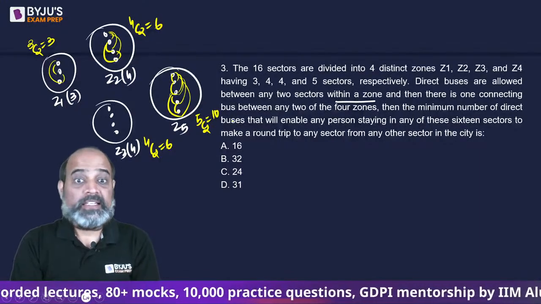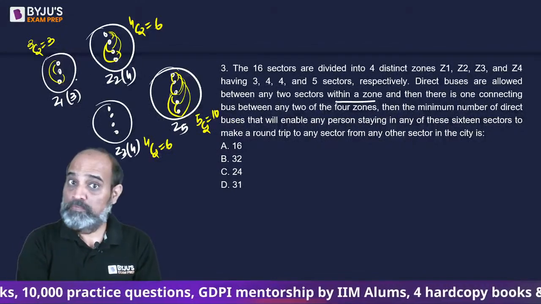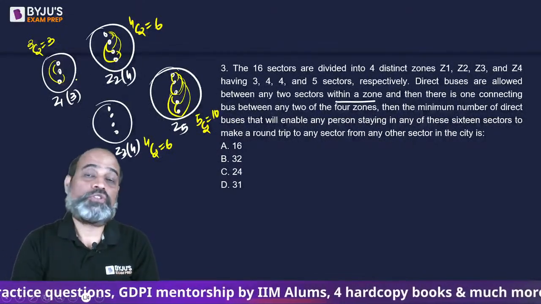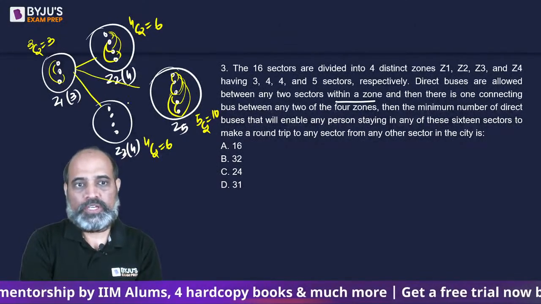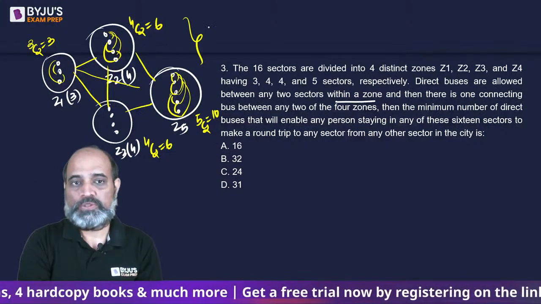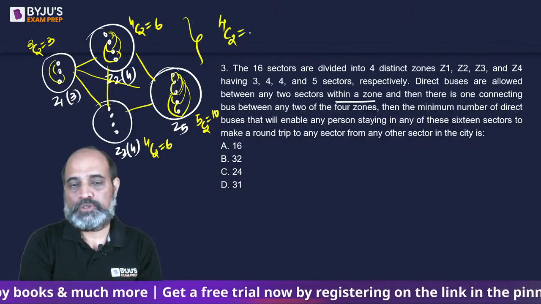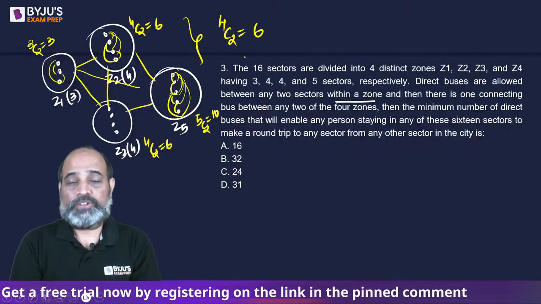And there is one connecting bus between any 2 of the 4 zones. Now, between these zones, these 4 zones also we have buses. So we are going to have 1, 2, 3, 4, 5, 6. So between these zones, since there are 4 zones, we will have 4C2, that is another 6 buses that are going to ply.